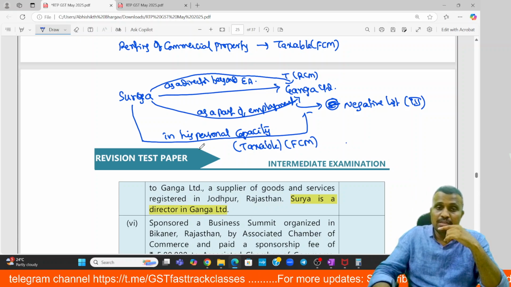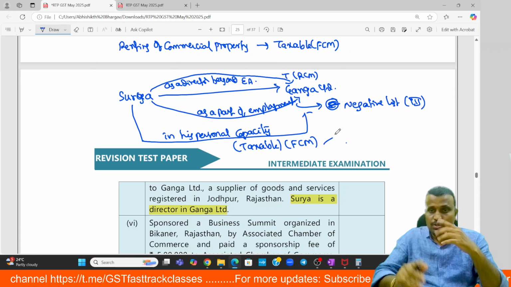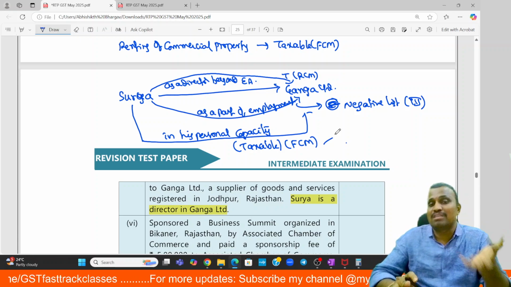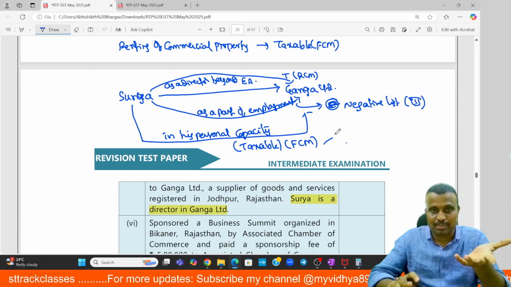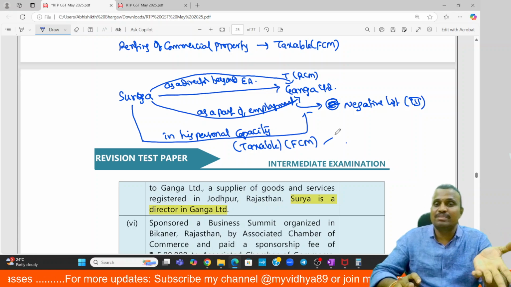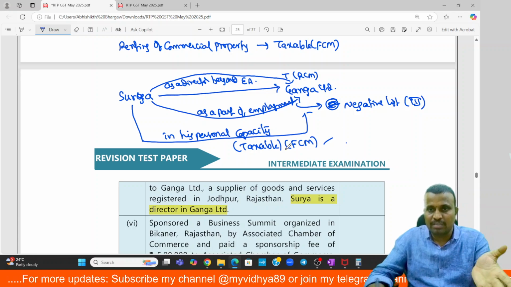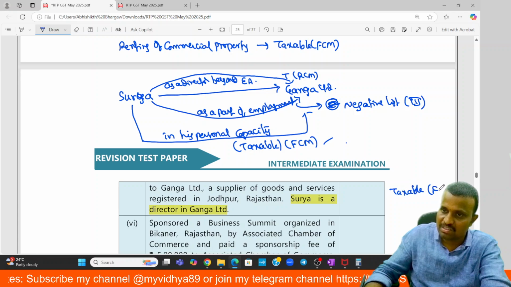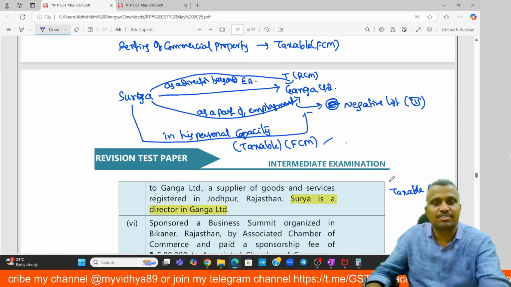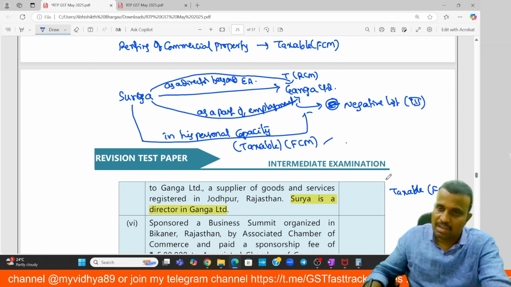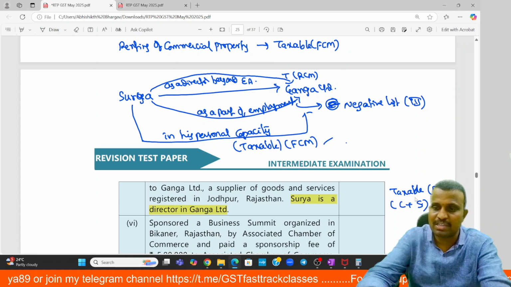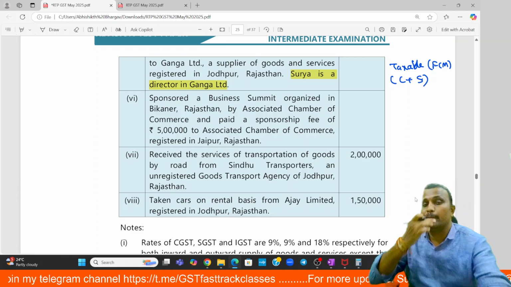Okay. So here the last case: Surya is a director, but he is providing the building on rental basis in his personal capacity, not as a director, not as a part of the employment agreement. So this is also taxable under forward charge mechanism. Okay. Next. And intrastate supply, so it is liable for CGST as well as what? SGST.